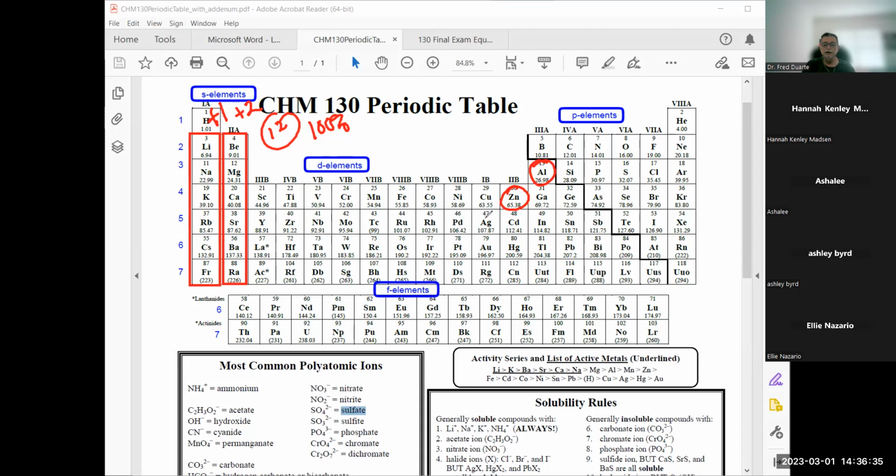Aluminum, zinc, silver, and cadmium. Okay, aluminum will always have a +3 oxidation number when it becomes an ion. Zinc will always have a +2. Silver always has a +1, and cadmium, Cd, always has a +2. So we add 4 more to the 12. So we have a total of 16 elements that when they become ions, we know 100% of the time what their oxidation number is.